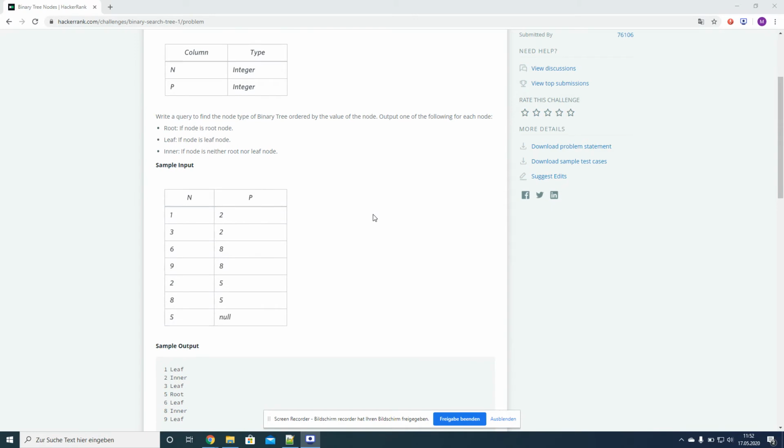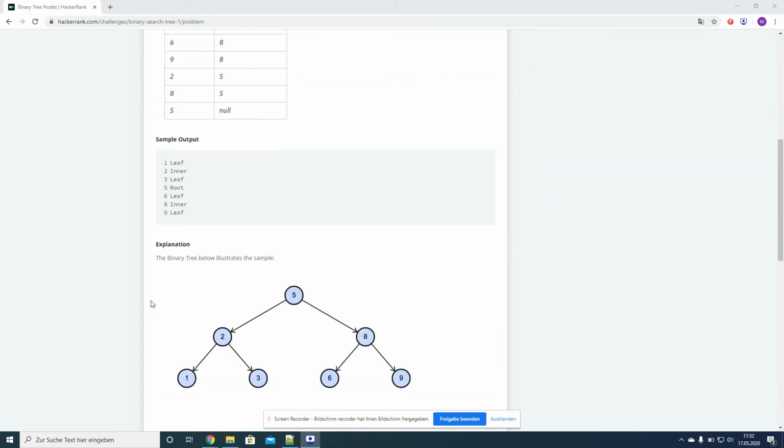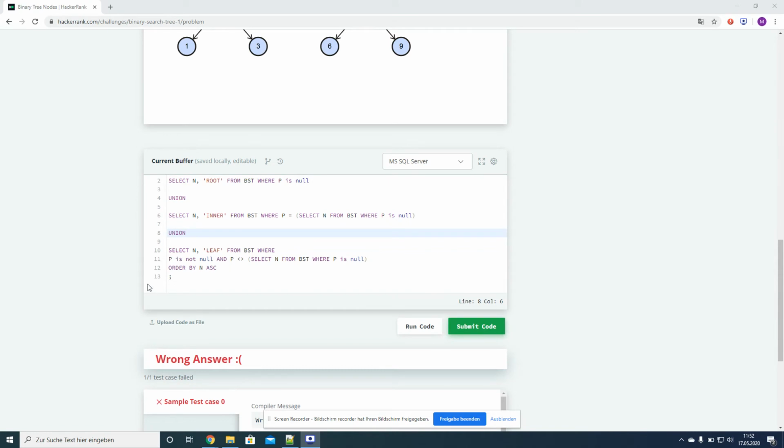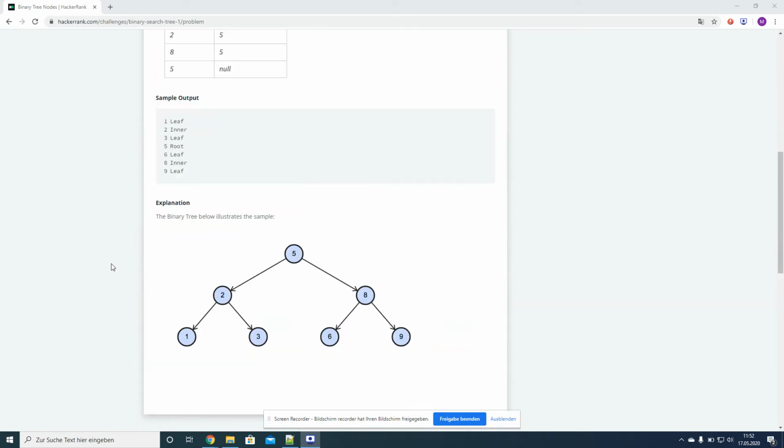So we don't have it right, I think, because we put the big letters.